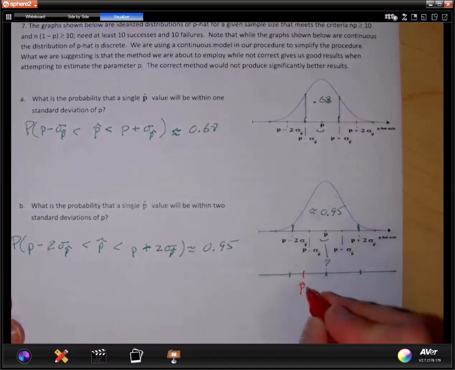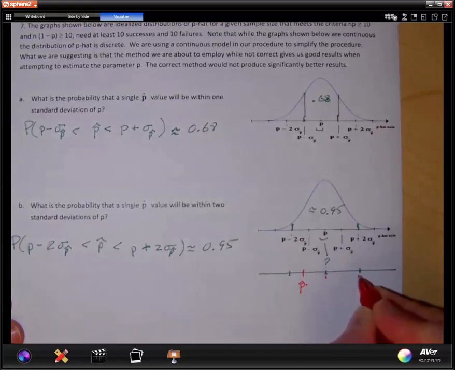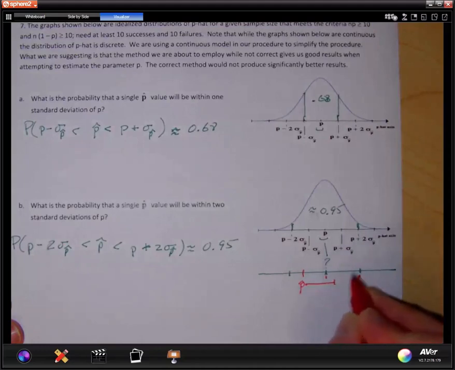Then I'm going to create an interval that is, for practical purposes, nearly the same width as this. In other words, I'm going to use 2 standard deviations. If I did that, hope I can do this well. That's about that length, right?